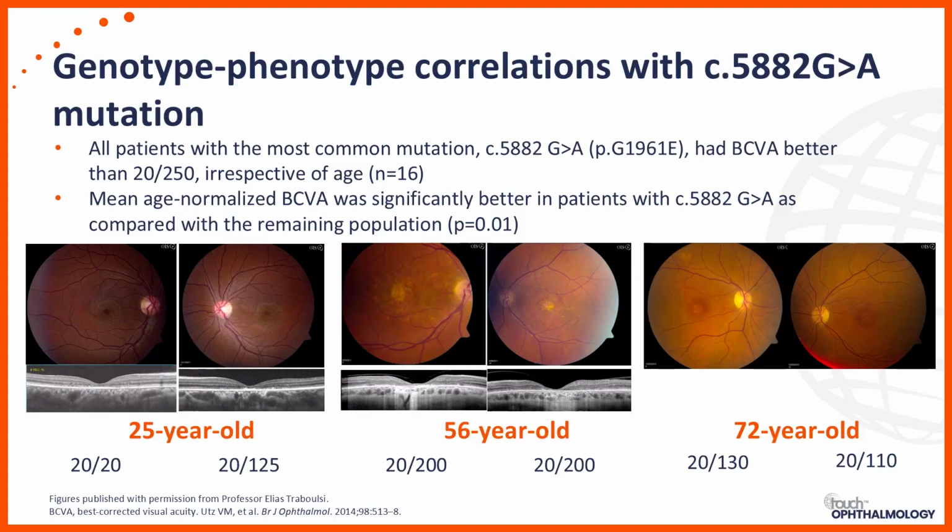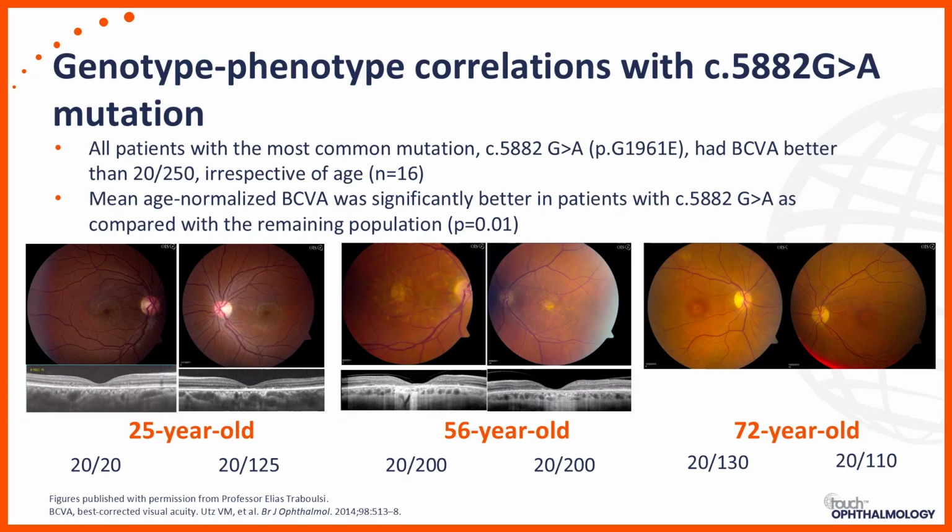For example, a patient with a c.5882G>A mutation can have relatively preserved vision late in life and have an onset of the disorder in their 20s or 30s.